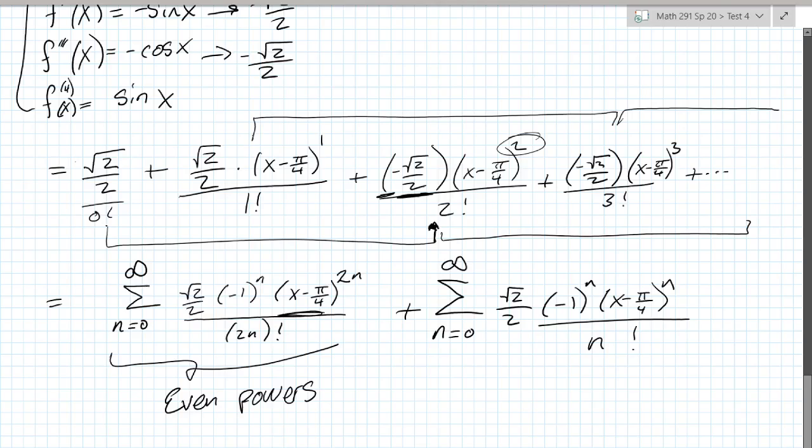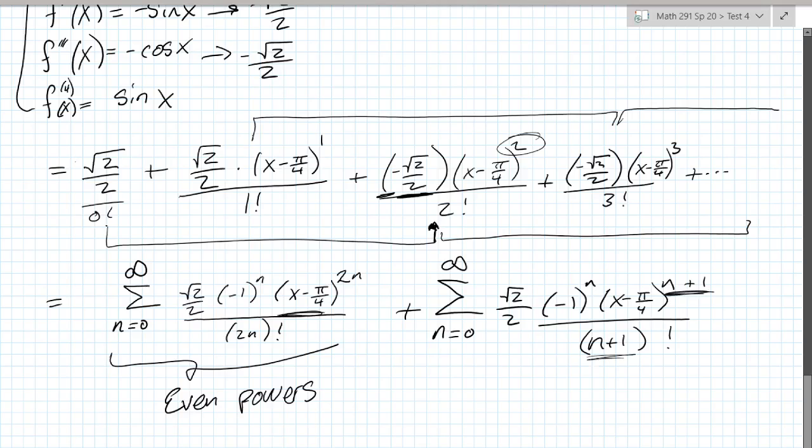So the first thing that I want is I want this to the first power here. So looks like I'm going to need a plus 1 on my exponent and in my denominator. We know we're going to need more than that. But when n is 0, it starts off to the first power here and 1 factorial down there.